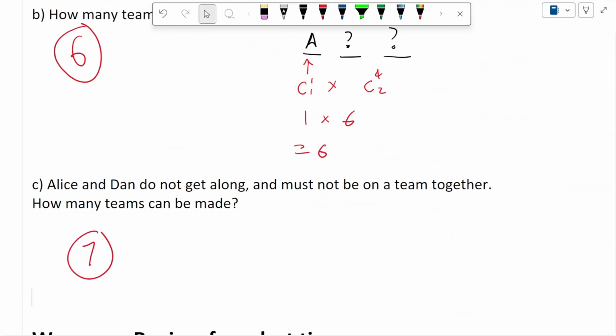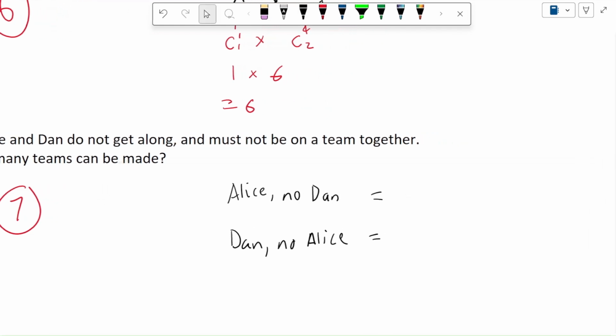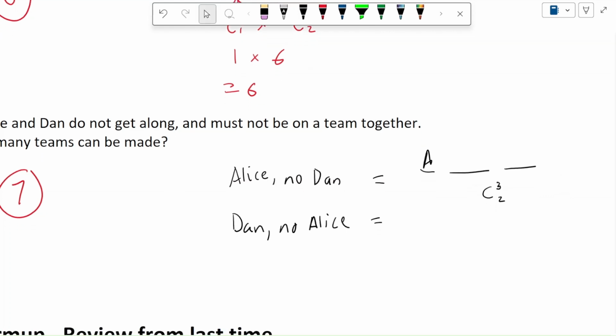But the way you can do this formally without actually listing it out is we can go Alice, but no Dan. Dan deserves a capital letter. Sorry, Dan. Dan, but with no Alice. Okay. So the way that you sort of do this is you put Alice in the team, and then this is C. There's only 3 people to choose from now because Dan can't be in there, and Alice is already used up.